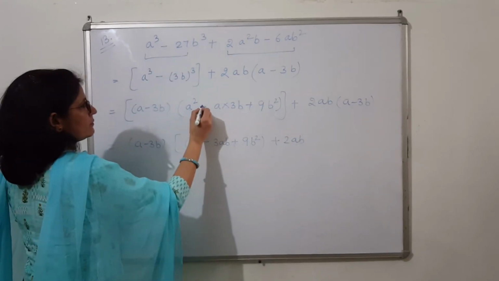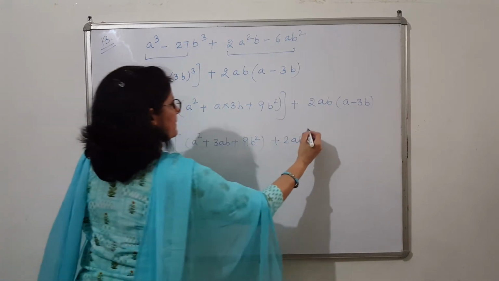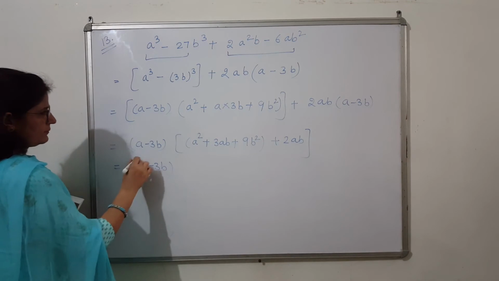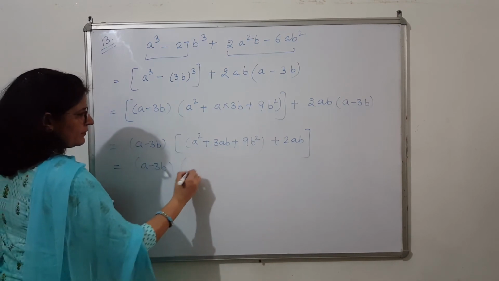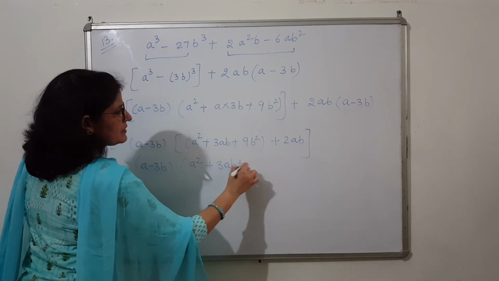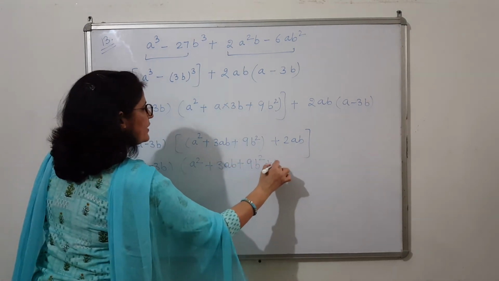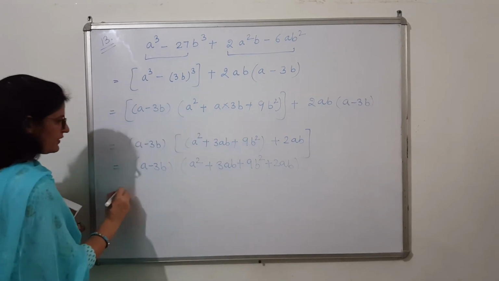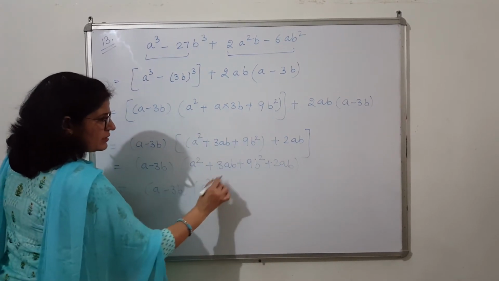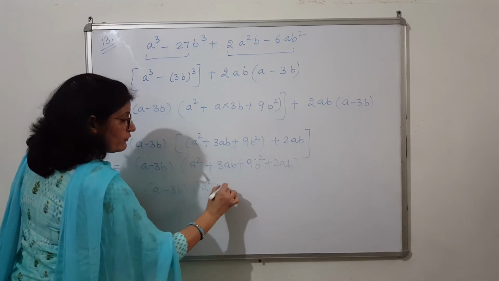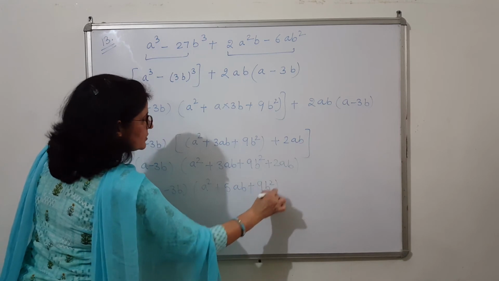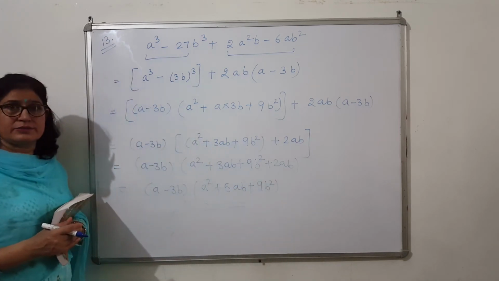Sorry, here plus will come. (a minus 3b), we add them: a square plus 3ab plus 9b square plus 2ab. So finally we get our answer: (a minus 3b) into (a square plus 3 plus 2, 5ab plus 9b square). This is our answer.